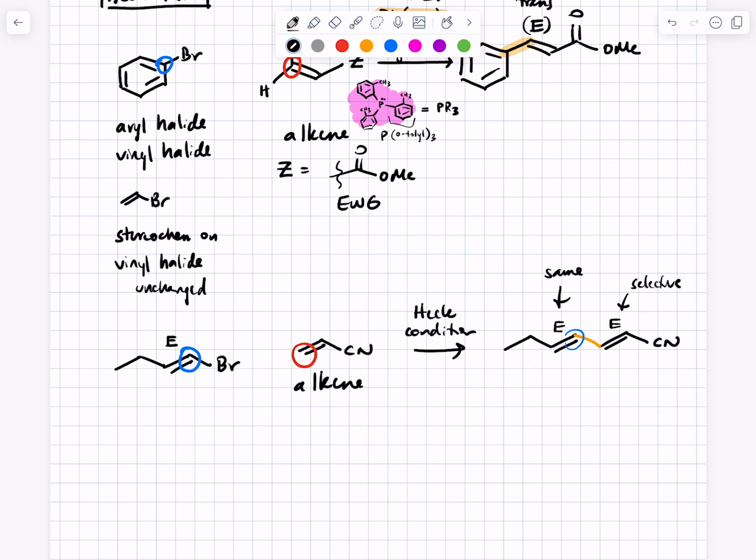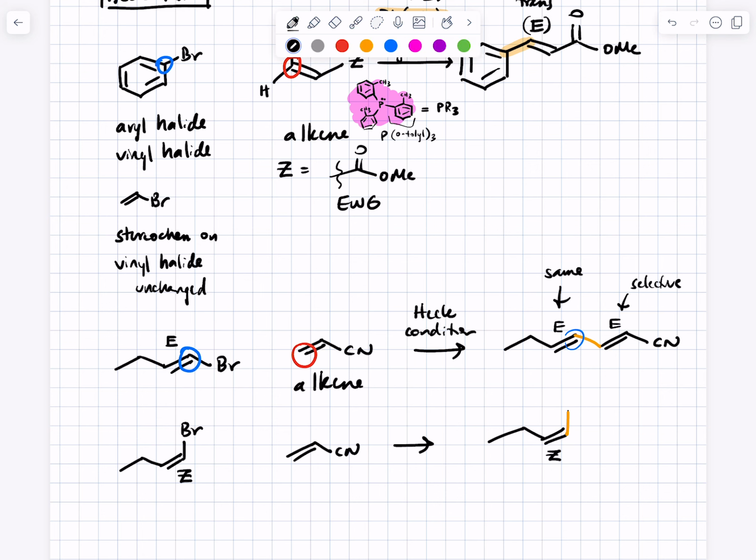You can tell that this is the case because if you change the stereochemistry of the vinyl halide but use the same alkene, you see the stereochemistry of the vinyl halide is preserved in the new double bond. So it was Z here, it's Z after the reaction.